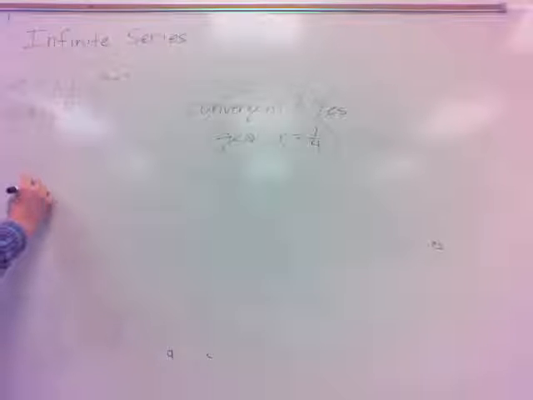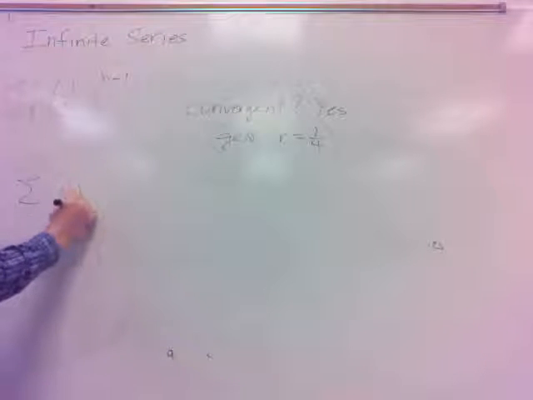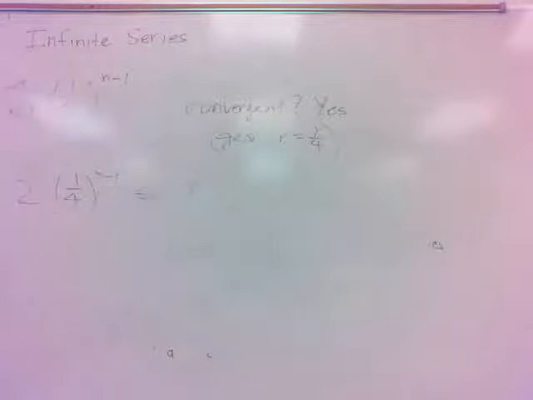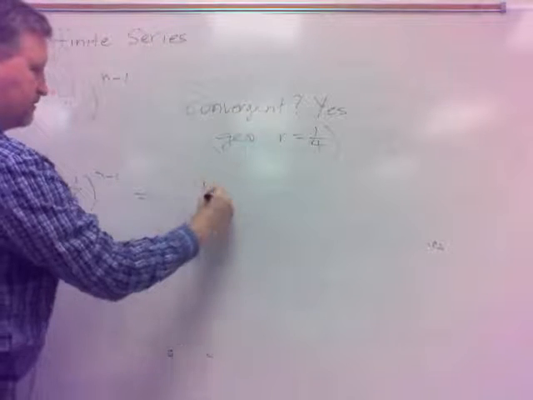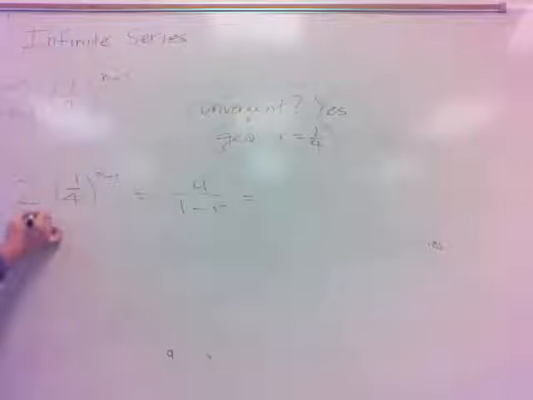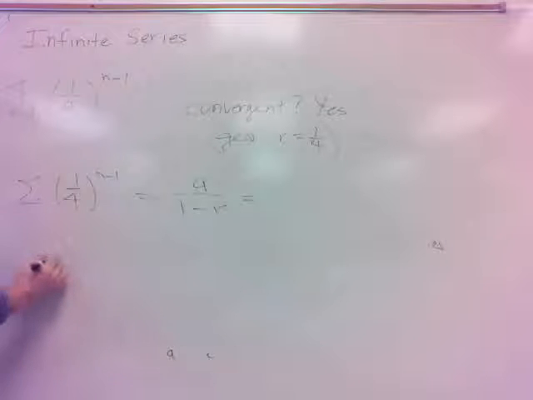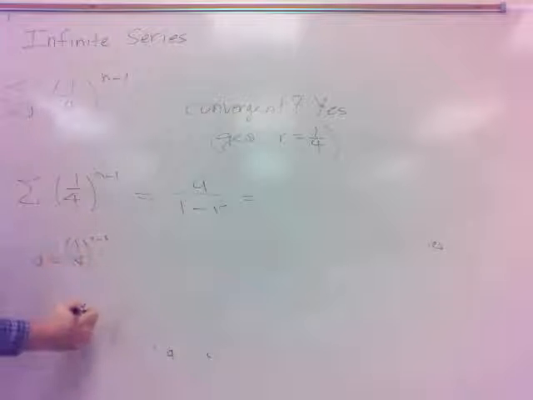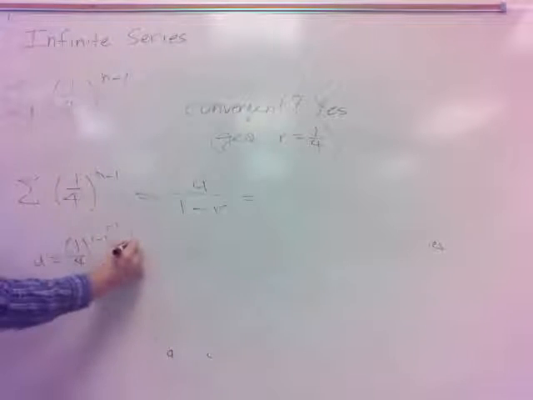All right, what is it convergent to? What is the actual value? Well, by using the formula, it's A over 1 minus R. A is the first term, and there's no index given here, so it starts at 1. So the first term is going to be (1/4) to the 1 minus 1 power, which is (1/4) to the 0, which is 1.